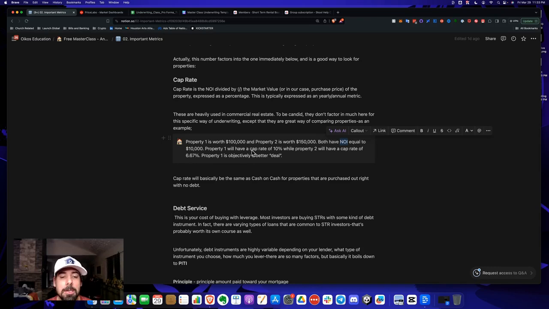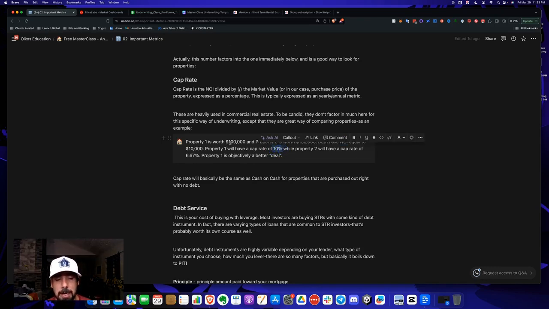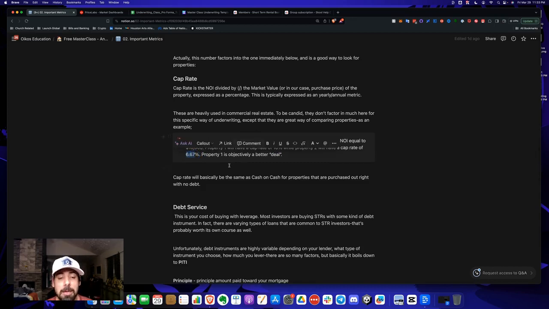Well, property 1 is going to have a cap rate of 10%. This is 10,000 divided by 100,000. And then property 2 is going to have a cap rate of basically 6.7%. So property 1 is objectively a better deal. Why is that? Because you spent less money on the property and you're getting the same amount of cash flow. So it has a better cap rate.